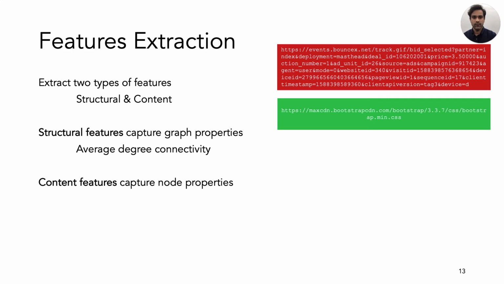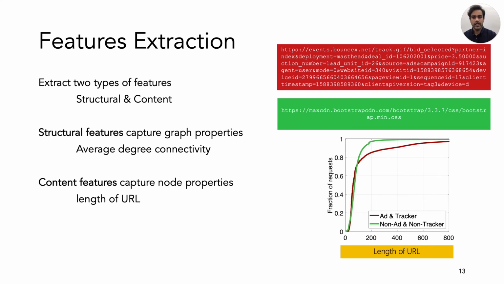It can be seen from the ad and tracking URL that ads and trackers have to share many identifiers to track users, for example, the device ID or the client timestamp. Overall, sharing a number of identifiers makes the ad and tracking URLs much longer as compared to the functional ones. The graph here shows that most functional URLs are less than 200 characters, whereas many ad and tracking URLs are longer than that.